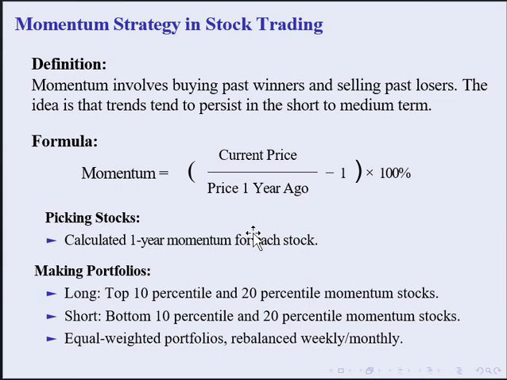Momentum means buying the past winners and selling the recent losers. For momentum, we calculate the past 1 year return and order the top and bottom stocks according to that. For portfolio construction, we choose the top and bottom 10 and 20% stocks and construct the portfolio with weekly and monthly rebalancing.